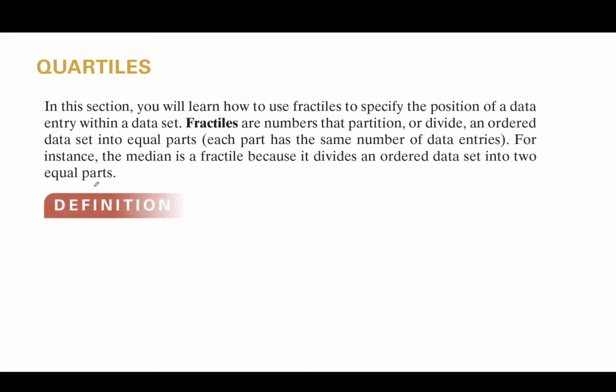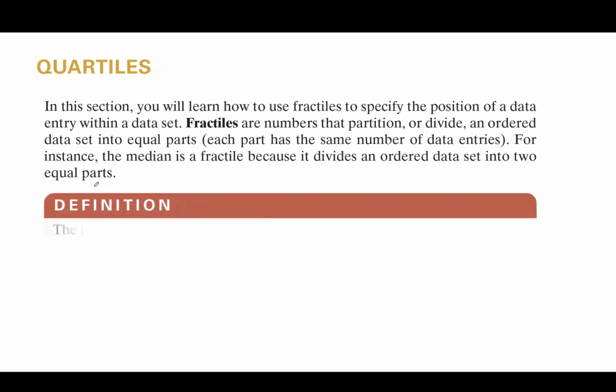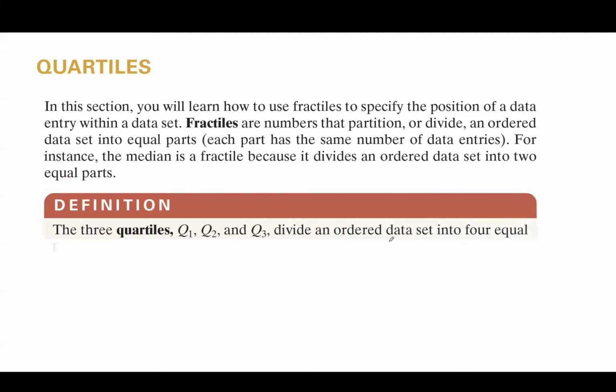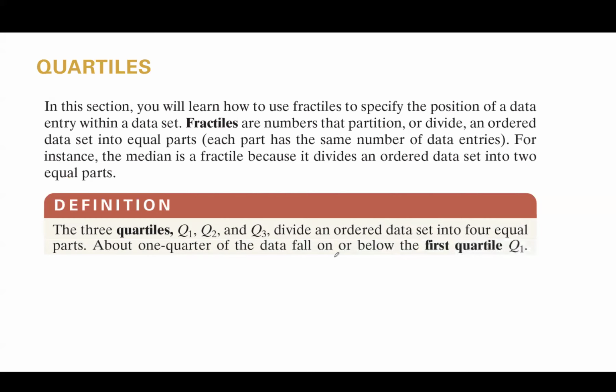Now let us move on to some basic definitions. The three quartiles, Q sub 1, Q sub 2, and Q sub 3, divide an ordered data set into four equal parts. About 1/4 of the data fall on or below the first quartile, which we denote by Q sub 1.